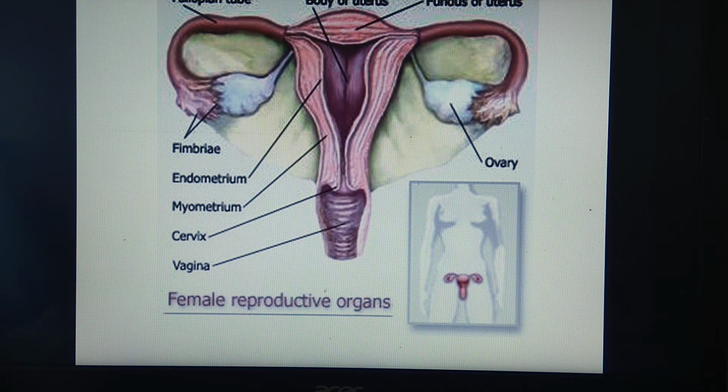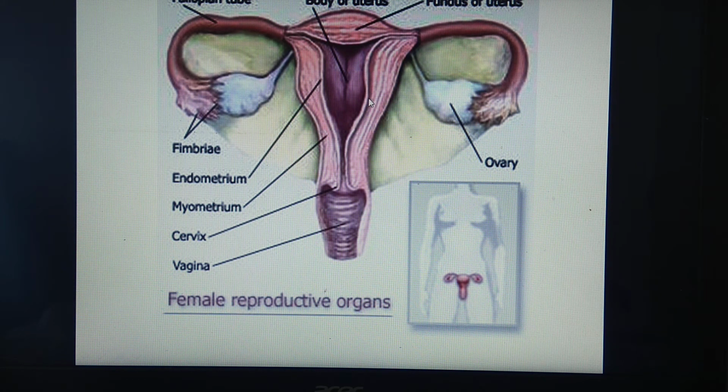See the diagram properly. Perimetrium is the outermost layer. The middle layer is called the myometrium, which is made up of smooth muscles, and the innermost layer is the endometrium, which shows the presence of various types of glands and is richly supplied with blood vessels. Here, remember this endometrium layer and see it carefully.